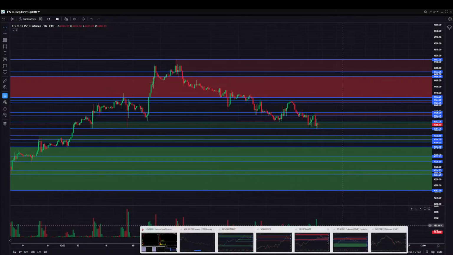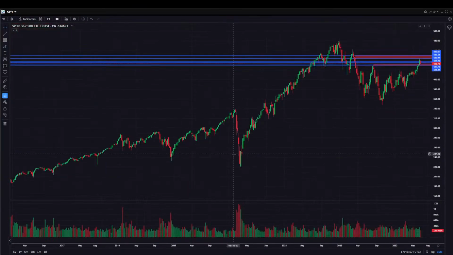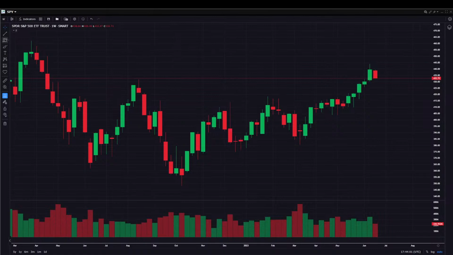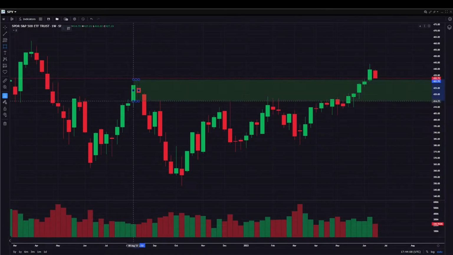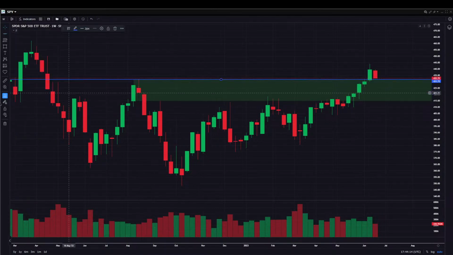Move on to SPY. Already got some levels in there. Refresh it. If you guys are not familiar with the way I draw, just let me know. I can walk it slowly of how I do it.